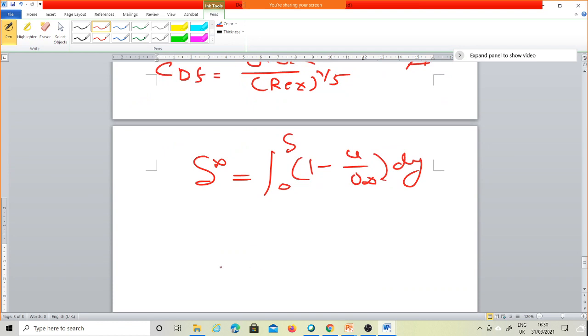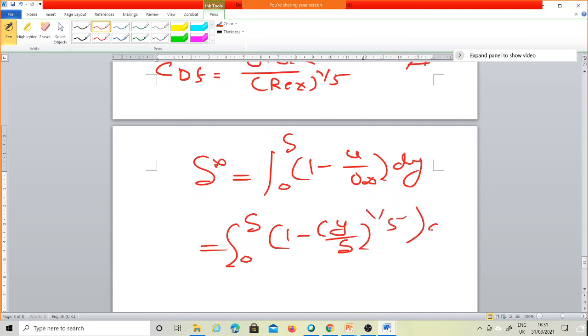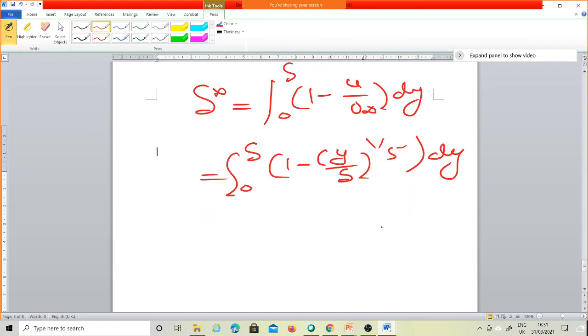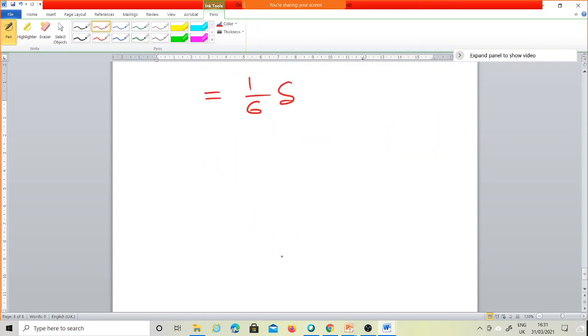In this case, your expression is already given: u by u infinity is y over delta to the power 1 by 5, dy. Then integrate it, simplify it, and you will get 1 over 6 delta, something like you already calculated before. So delta star by delta is equal to 1 over 6.